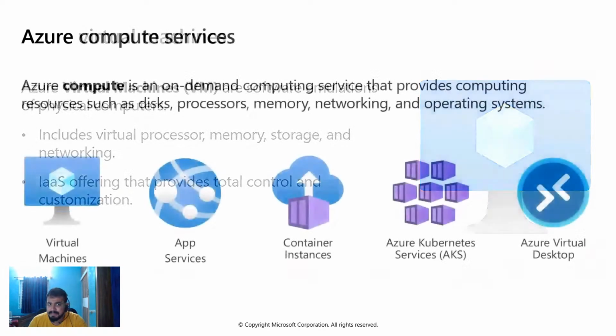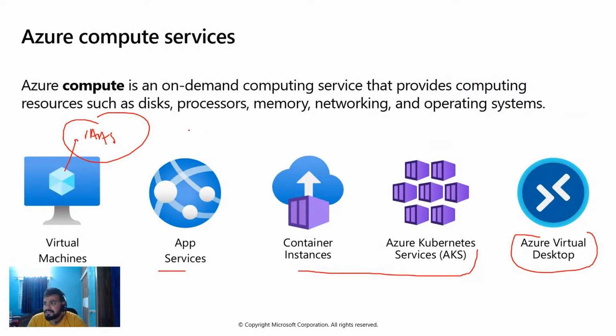And web app is sort of a PaaS service where they give you everything. You just need to deploy your applications in that web app. And these are for containers. I'll get back to you on what a container is and so on. And virtual desktop is something like an RDP basically.